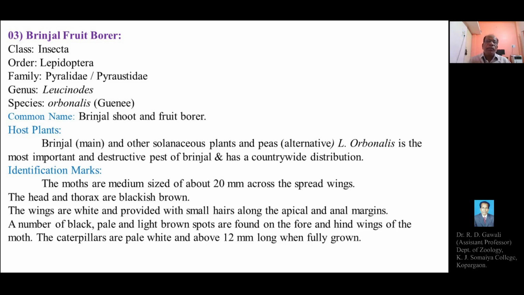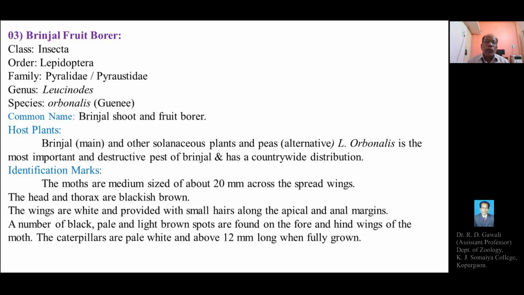So these are medium-sized insects and measure up to 20 millimeter across the spread wings, or the width when the wings expand. The head and thorax are blackish brown in color.